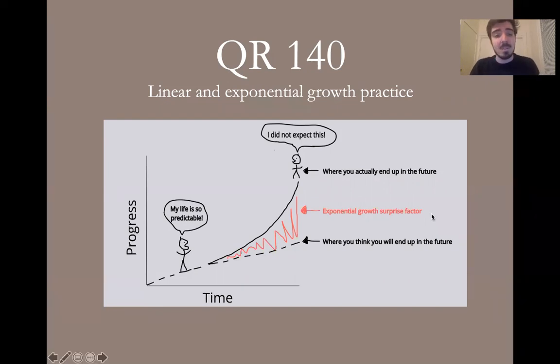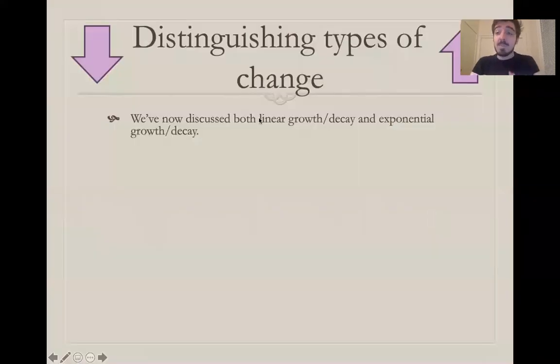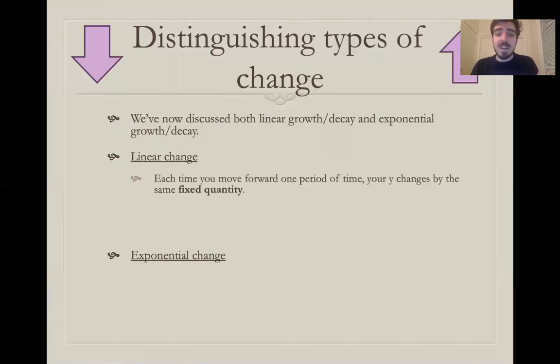Okay. So we've talked about both of these forms of change. Let's remind ourselves what the key qualities of each of these are. If you're dealing with linear change, that means that every time you move forward one period of, say, time, or move x up by 1, your y quantity is going to change by the same amount.